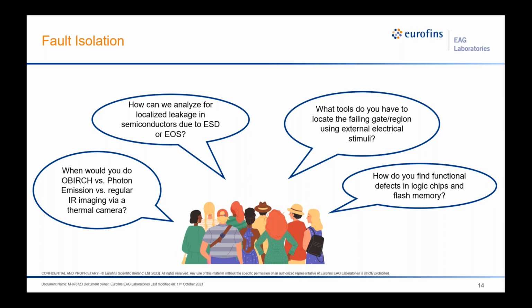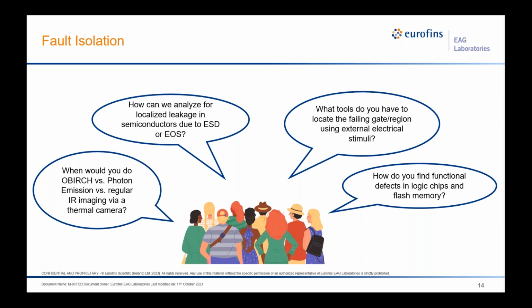Photon emission also uses a near infrared lens, or you could use an air gap lens or a solid immersion lens. The spatial resolution is great, but the image contrast is not as good as OBIRCH. For thermal imaging, the wavelength is greater than 3 microns, so the resolution of the imaging is not as great. You can say it's around 3 micron resolution from the air gap lens. So that is the spatial resolution.